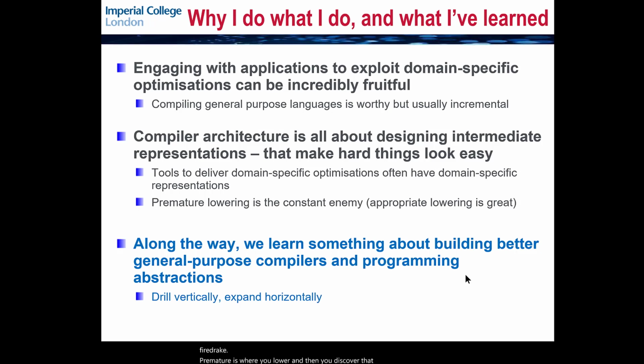Premature lowering is where you lower and then you discover that you've lost structure that you need to try and recover. And this is where you find yourself carrying your skis back uphill again. And if you can avoid that, then you're winning. And of course, along the way, we might hope that we learn something about general purpose compilers and perhaps some of the general programming abstractions that we should look for. A good example of that, I think, is tensor contractions, actually, and also computations on unstructured meshes.